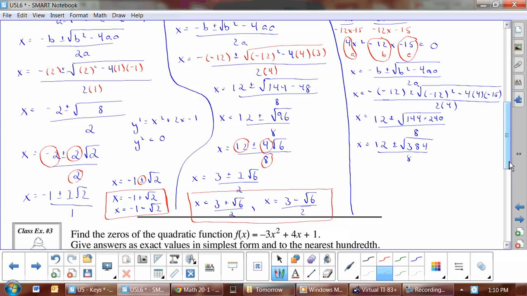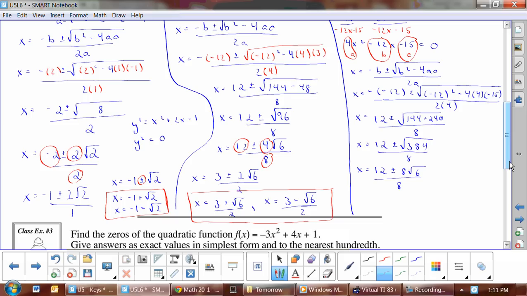And if you have an answer, you can put up your hand. Awesome. So what did we pull out of there? Perfect. So 64 can be taken out of 384, and we get 8 root 6.